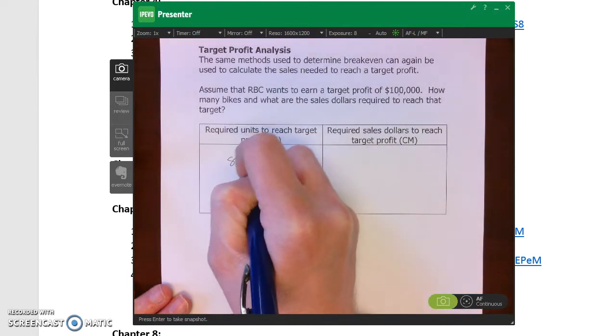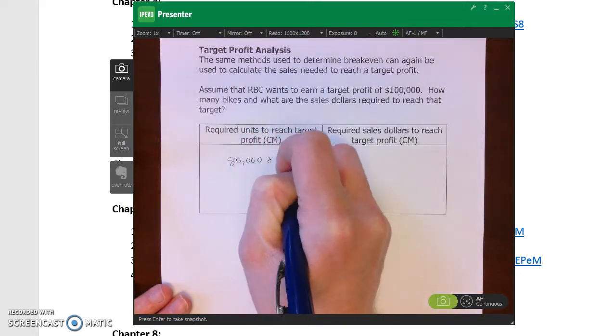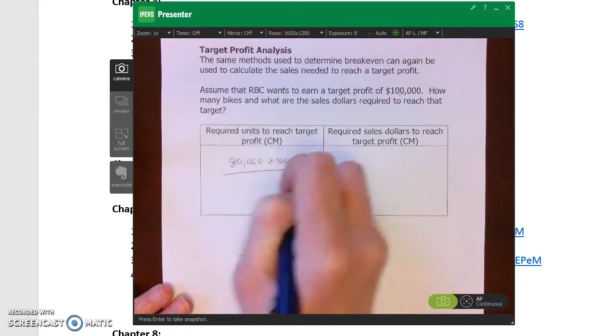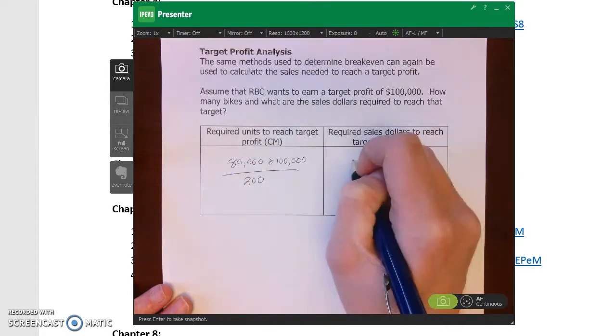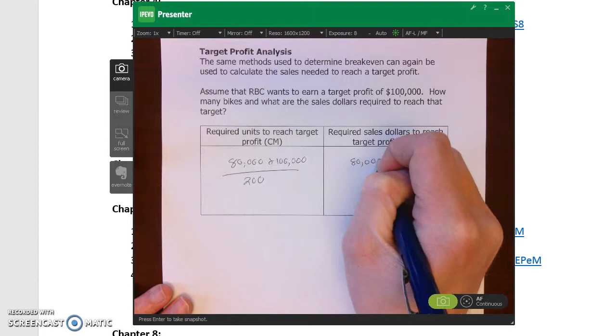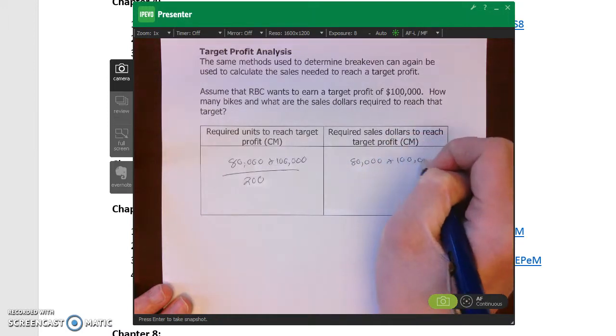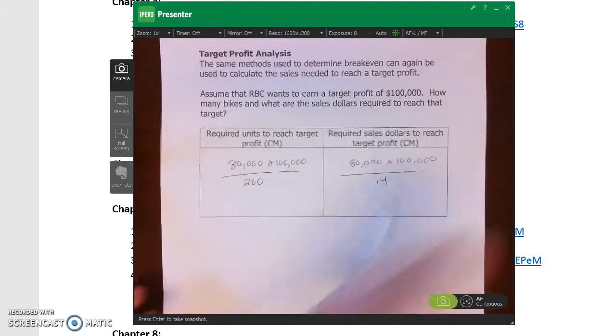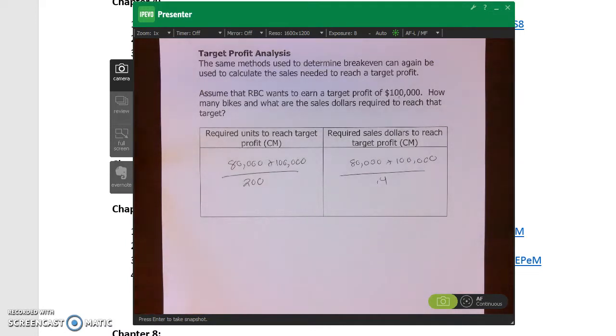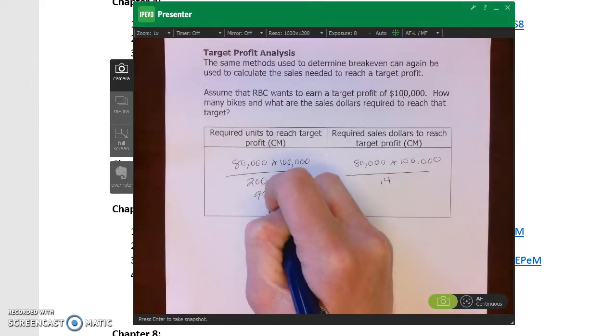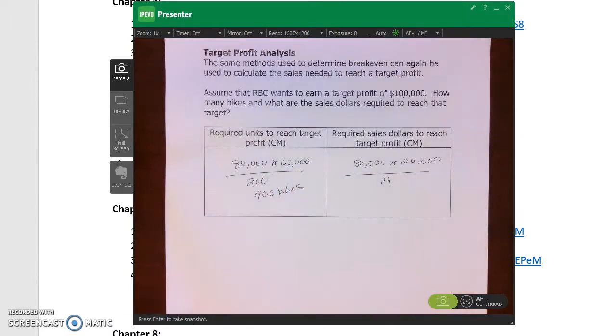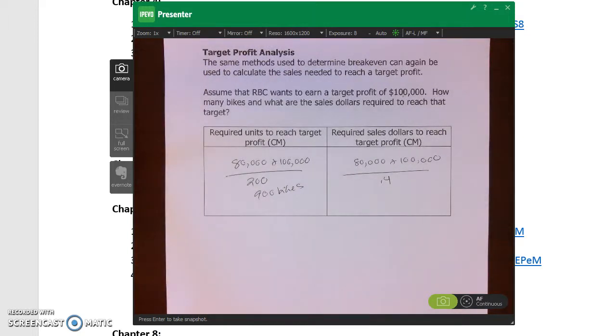So we take our 80,000 plus our 100,000 divided by 0.4 for sales dollars, and when you do the math, you get 900 bikes. You have to sell 900 bikes to make $100,000 in net operating income.